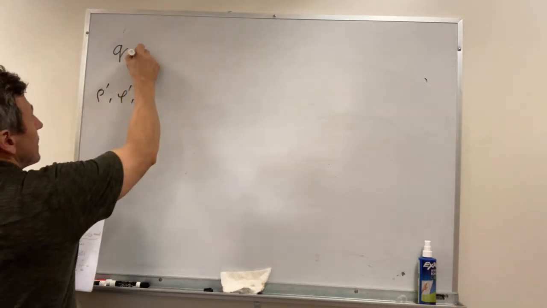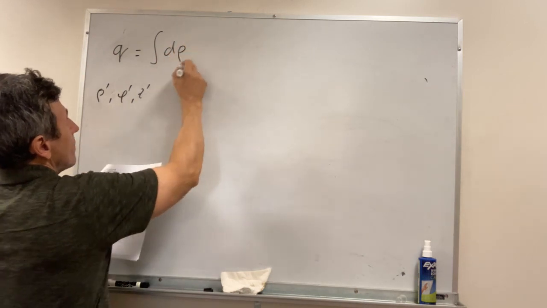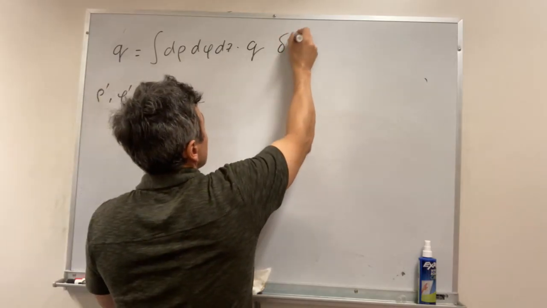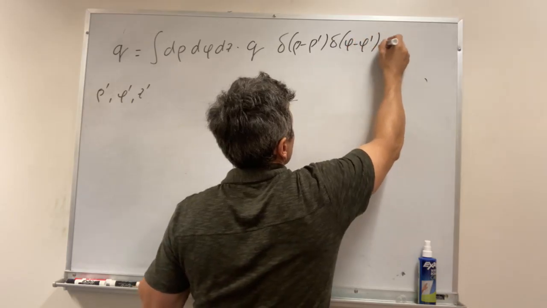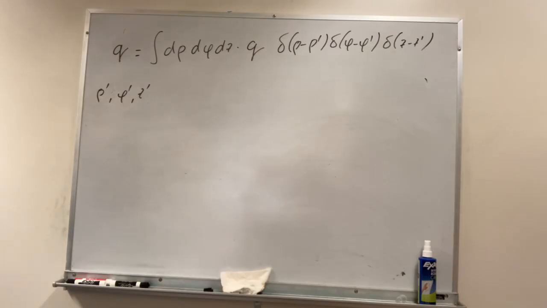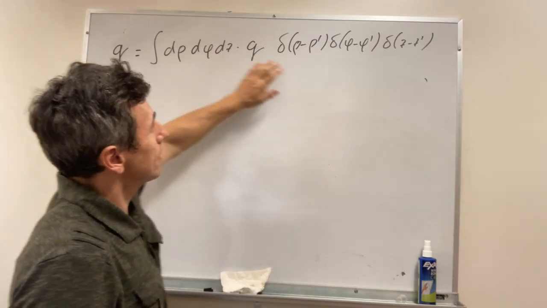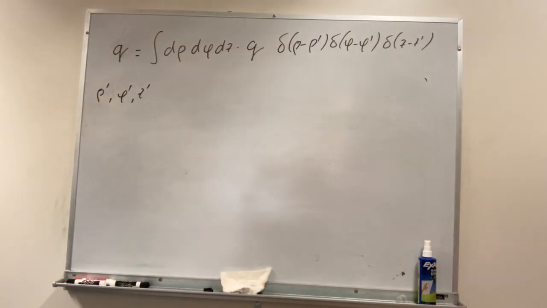So we can write down the simple identity, because the point charge will be the integral over d rho, d psi, dz of q, delta of rho minus rho prime, delta of psi minus psi prime, delta of z minus z prime. Okay, this is an identity, because this is how we define the integral. The integral of the delta function over rho gives us 1, over psi gives us 1, over z gives us 1. So this is an identity. So we write down this expression for the charge localized at the point rho prime, psi prime, and z prime.